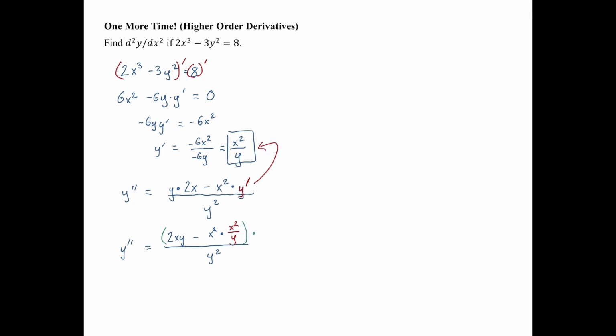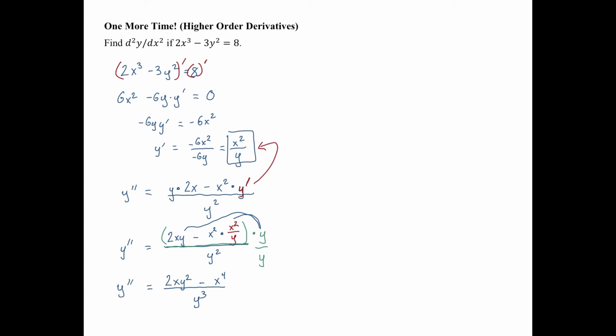So to get rid of that, we'll multiply both the top and bottom of the larger fraction by y, and when you distribute, we find that we have 2xy squared because this needs to distribute to both terms. The y cancels in this case of the red, so this is just going to be x to the fourth because x squared times x squared is x to the fourth. And then we will have just y cubed in the denominator.